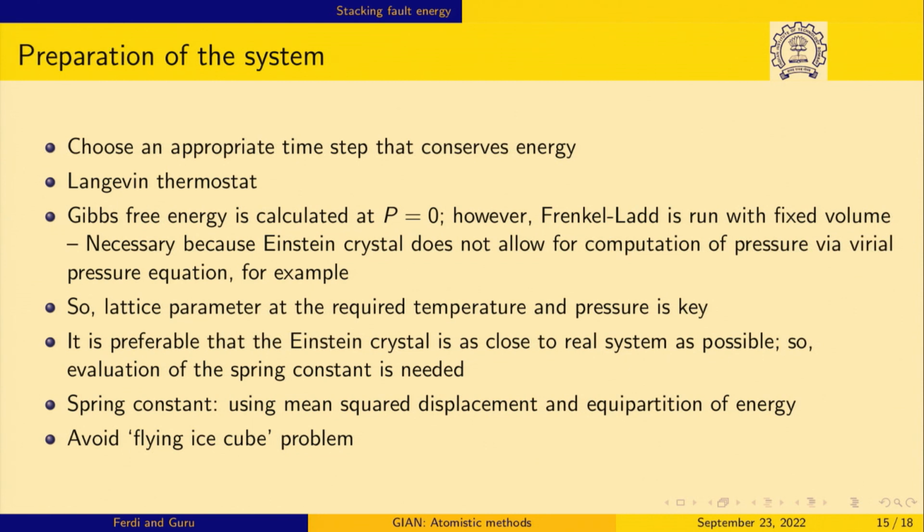Next slide I have the expression I will show you. You also have to avoid the flying ice cube problem. Because you are using a Langevin thermostat, and you were told that Langevin adds random forces, it is supposed to do it in such a way that there is no net force, but that might not be the case.